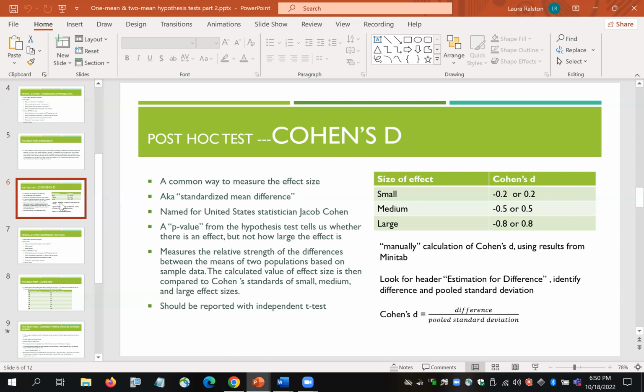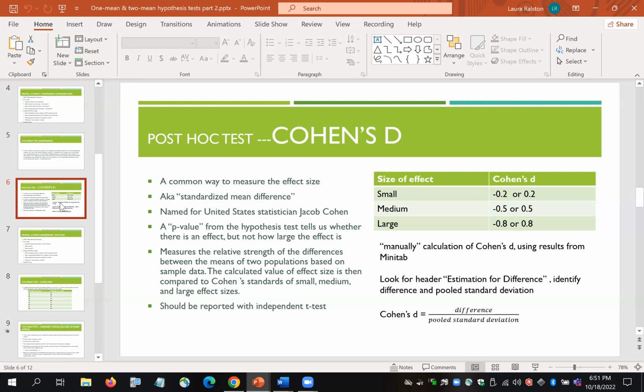It is actually one of the few manual calculations that you have to do. It's a very straightforward formula, and all the information you need to calculate it is provided in Minitab. The formula is you take the difference between the two means and divide it by the pooled standard deviation, and you can see it there on the screen.